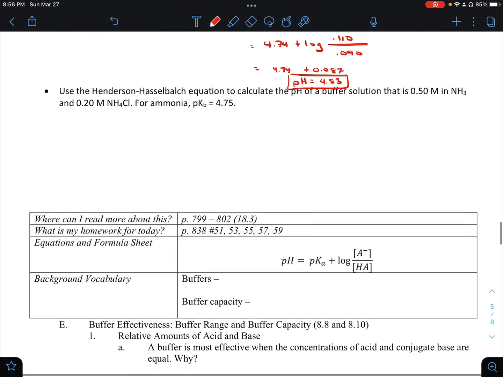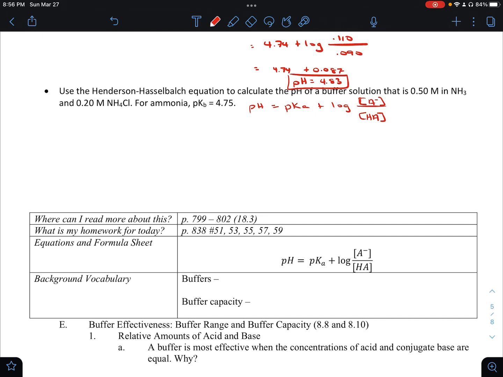Okay, so let's see one more time. The only thing here is we could have a base, which works the same way. Instead of pH, here's our Henderson-Hasselbalch originally: pH equals pKa plus the log of the concentration of A minus over the concentration of HA.